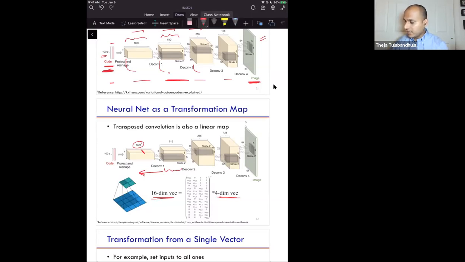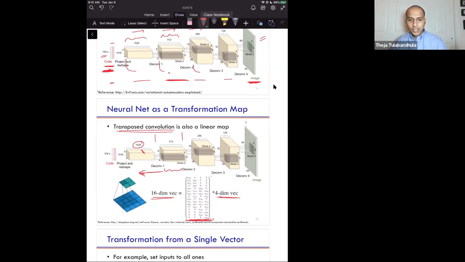Think of the filters as corresponding to a matrix, and the input tensor, once you vectorize it, is a vector. So a vector times a filter matrix is going to produce your output vector, a matrix slice, but you can vectorize it and have a vector. Similarly in a deconv, this whole deconv operation, or the transpose conv operation, at each stage is essentially a matrix multiplication. It's a linear operation.